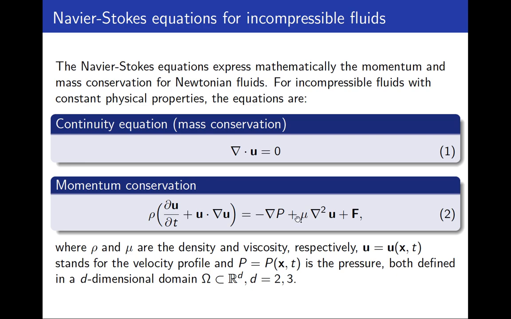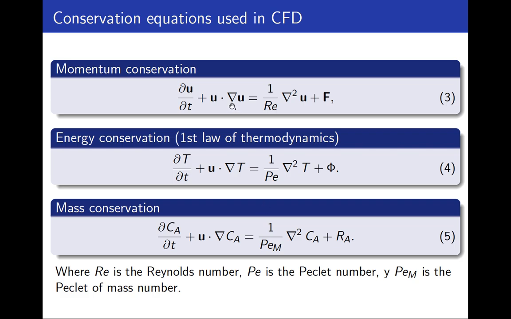And I want to focus right now on the momentum conservation equation. I want you to see these other two equations, which are conservation equations used in CFD. So in equation 3, we have the momentum conservation equation, which is expressed in dimensionless form.